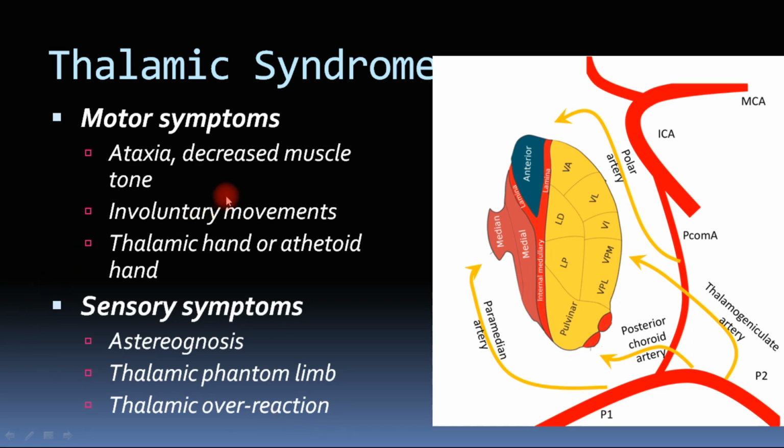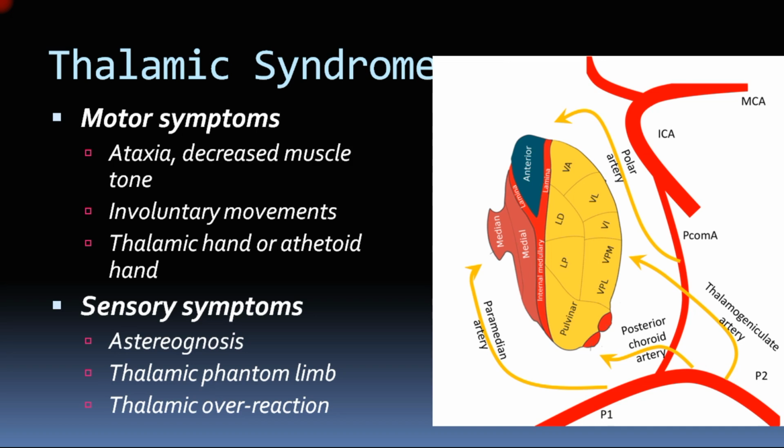Now coming to the motor symptoms. When you look at the motor symptoms, ataxia and decrease in muscle tone are among the major symptoms. There might be involuntary movements like chorea or intention tremors, and there might be a thalamic hand or athetoid hand. What does that mean?